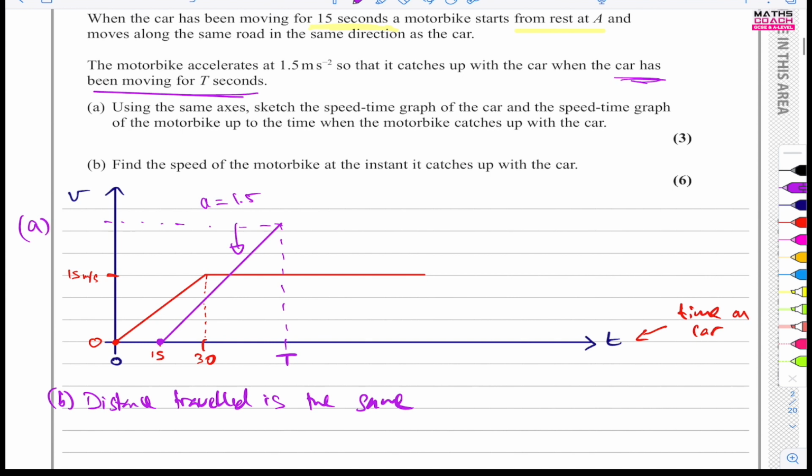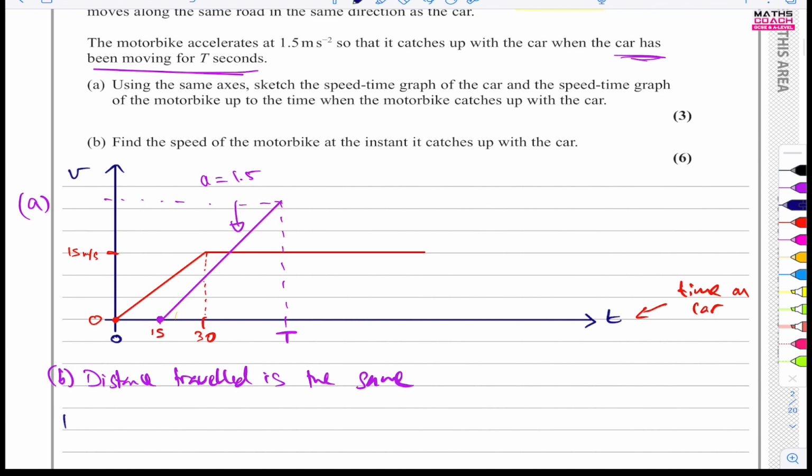So if we were to work out the area of the bike, which is this area here, it would be the same as the area covered by the car. Let me just do it separately here. So let's work out the distance traveled by the bike, the area underneath the curve.